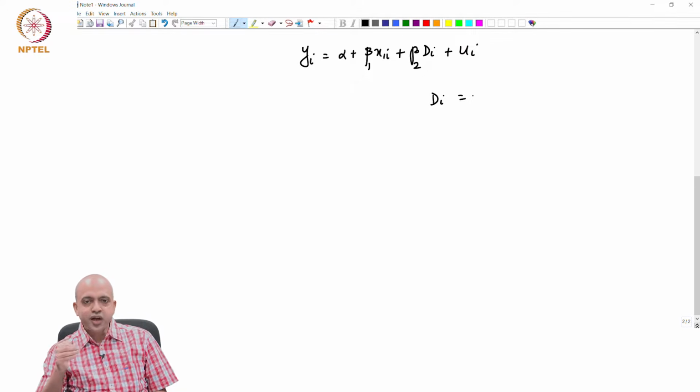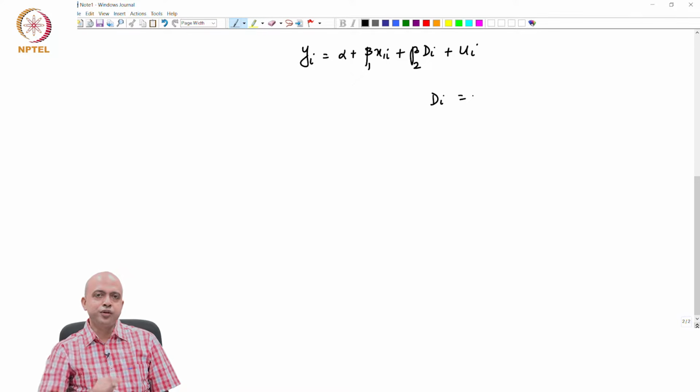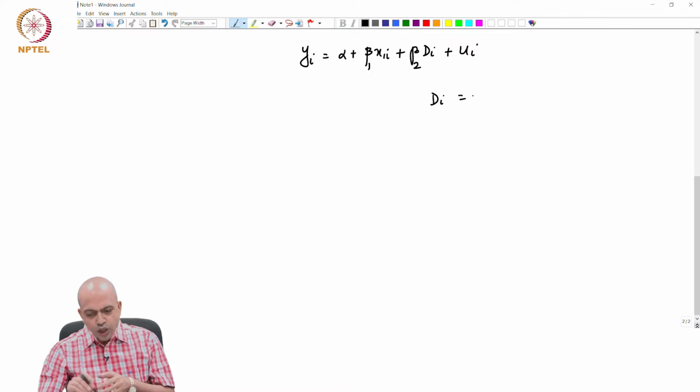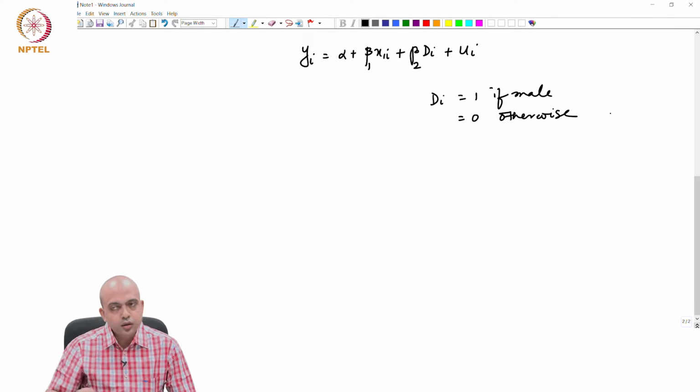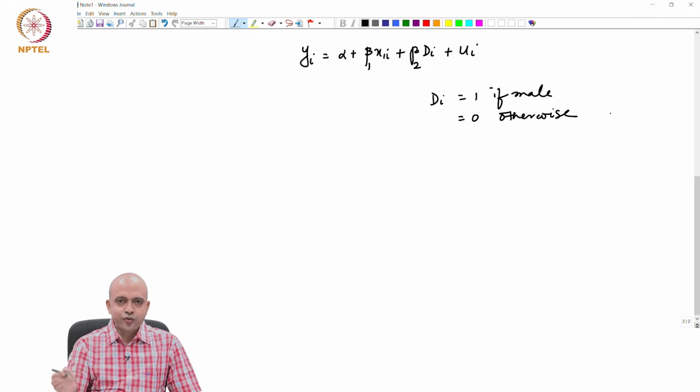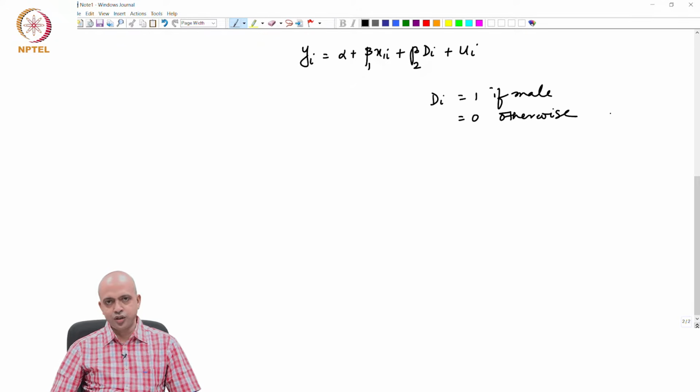How will you quantify? And there the dummy variable technique comes in handy. You can easily define a variable d1i equals 1 if male and 0 otherwise. Then you have converted your qualitative variable into a quantitative one, and you can apply the technique you have learned so far in this context, right.